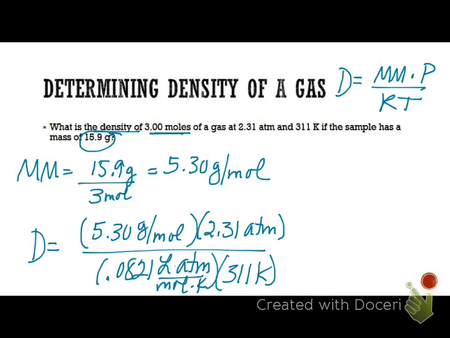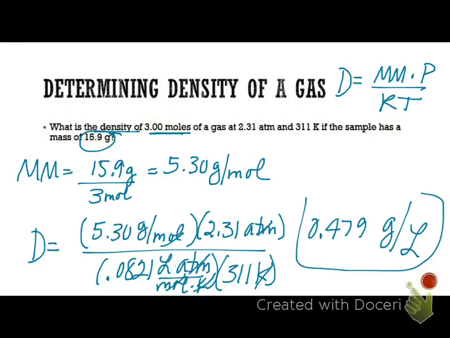So I cancel out moles, I cancel out atmosphere, I cancel out Kelvin, which leaves me with a unit of grams per liter, which is the unit for density. I do that calculation. It looks like I need 3 sig figs, and I get 0.479 grams per liter.